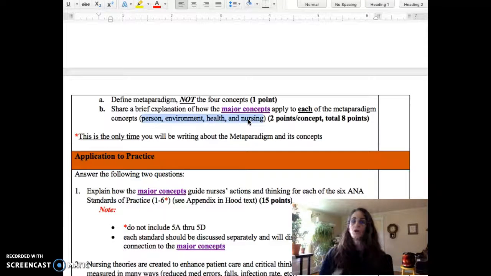If it sounds all about environment and I can't tell that this has anything to do with your theory, then something is missing, okay? And what I'll point out to you is these are worth 2 points each. So when you look at the weight, 2 points is not a lot. So you really just need a couple of sentences here for each concept, okay?